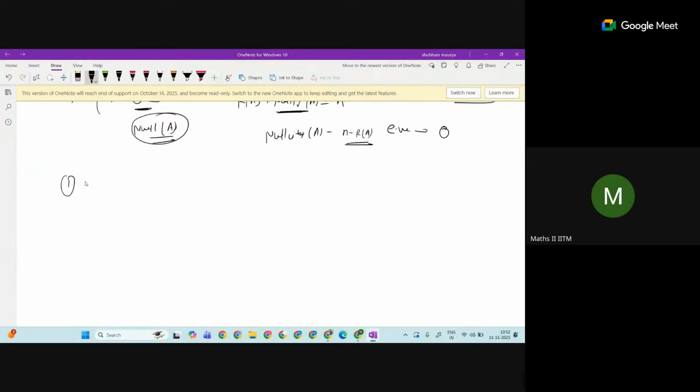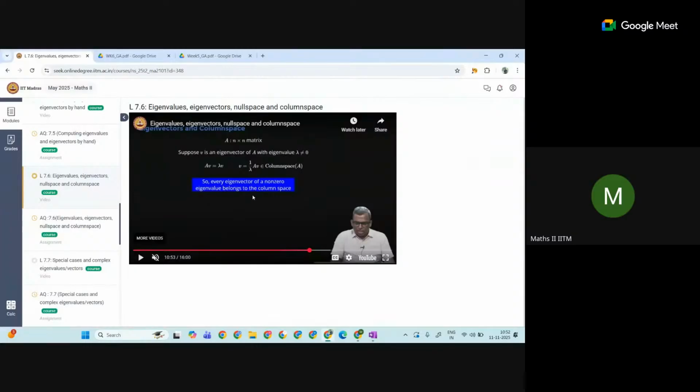The statement is: every eigenvector of a non-zero eigenvalue, non-zero is needed, because if it is zero, then what is going to happen?